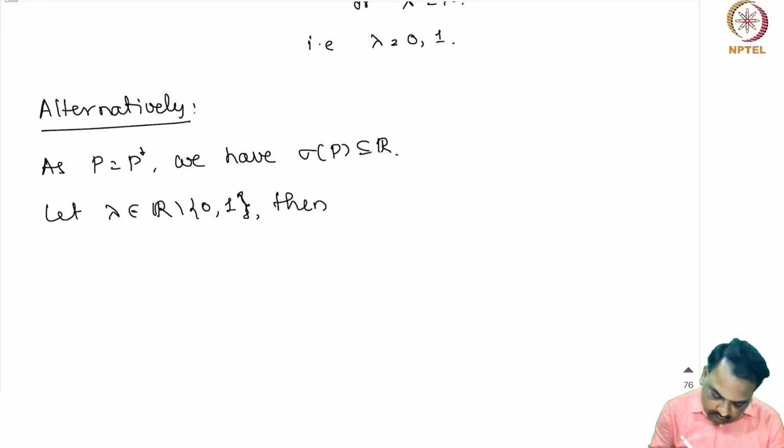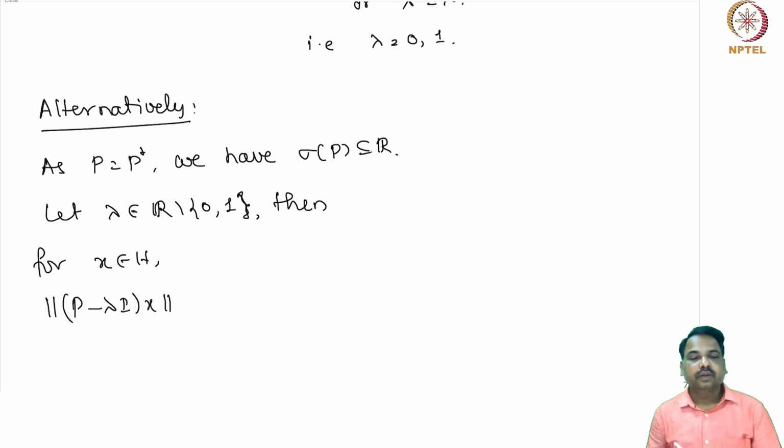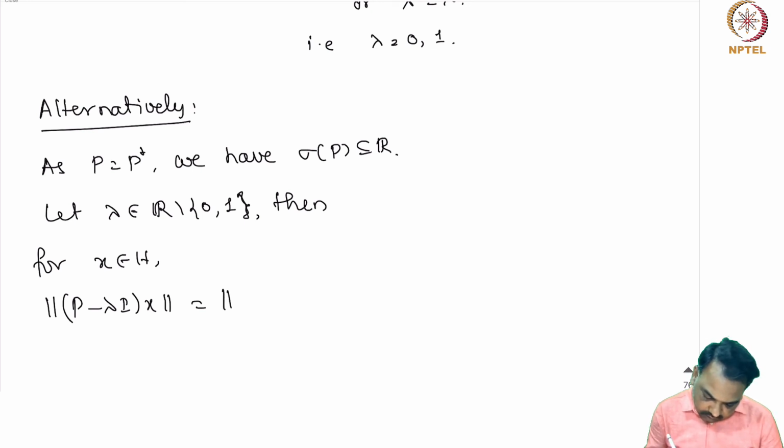Then we can look at, for x in H, the norm of (P minus lambda I) at x. This can be written as the norm of (Px minus lambda x), which can be written as Px plus (I minus P)x.